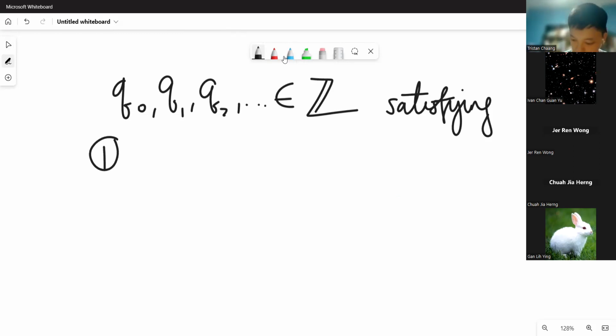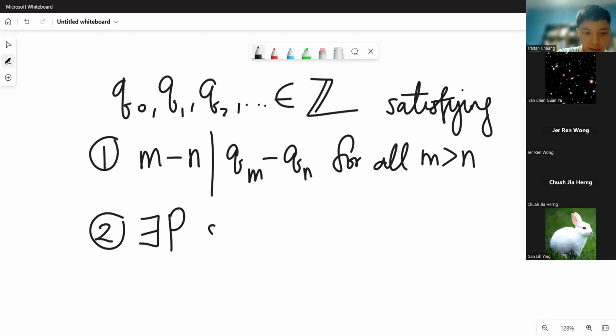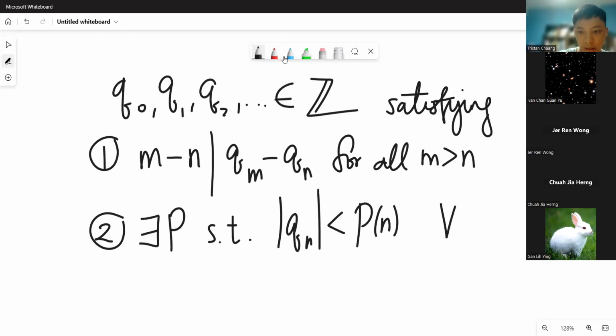First, m minus n divides qm minus qn for all m greater than n. And second, there exists a polynomial p such that the size of qn is less than pn for all n.